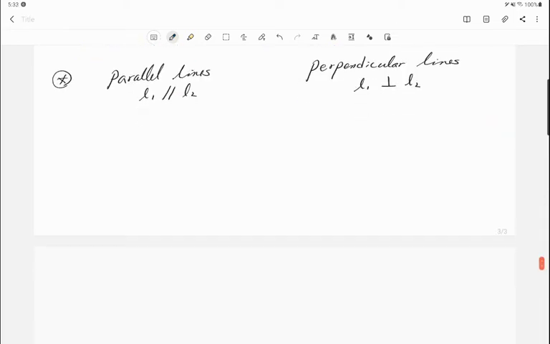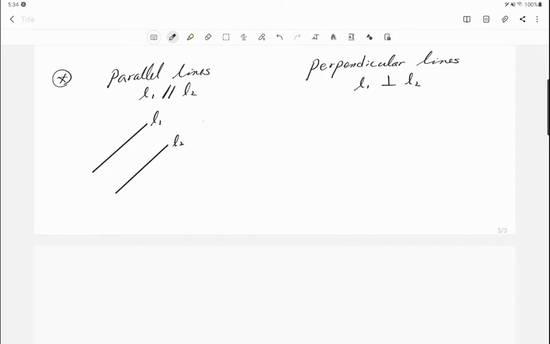Okay, next definition is the relationship between parallel lines and perpendicular lines. The slope of parallel lines. Two lines are parallel, then we use the parallel symbol like this. So here's line 1, and here's another line, line 2.